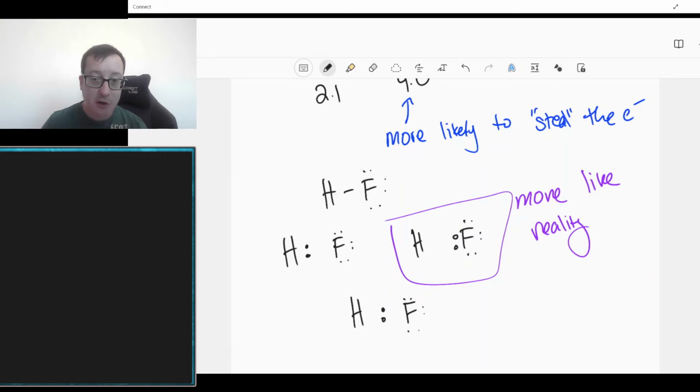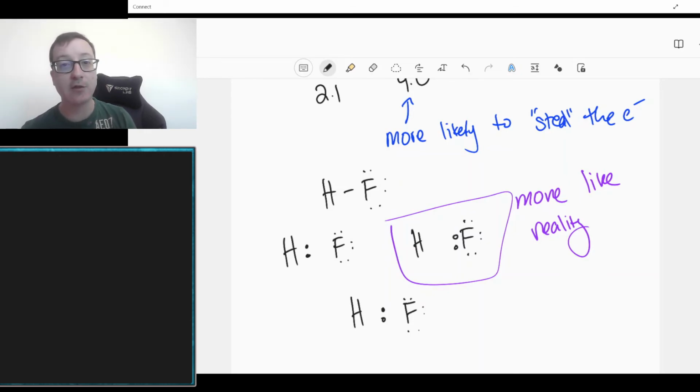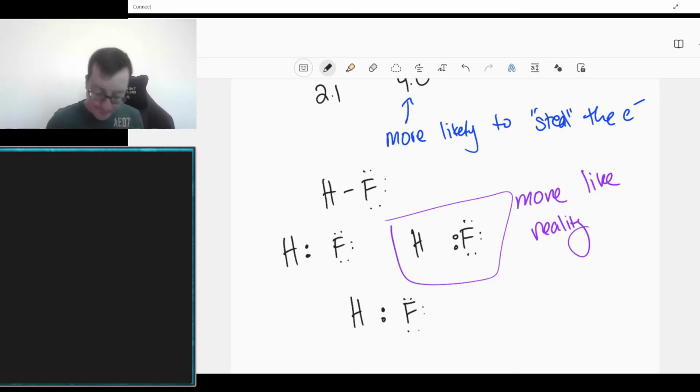So full charges mean they have been given extra electrons. The fluoride ion has been given an electron from sodium or whatever, and it's actually moved from one atom to the other. However, in a covalent bond, we don't have full charges, but we can have partial ones.